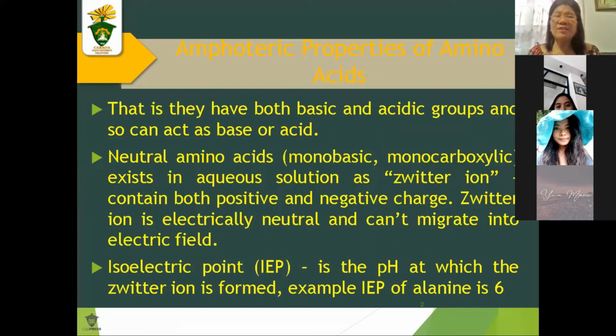It has amphoteric properties. What do you mean by amphoteric? Amphoteric means it will have two characteristics. It could be both basic and acidic. So they could act as either an acid or a base. That makes it amphoteric.